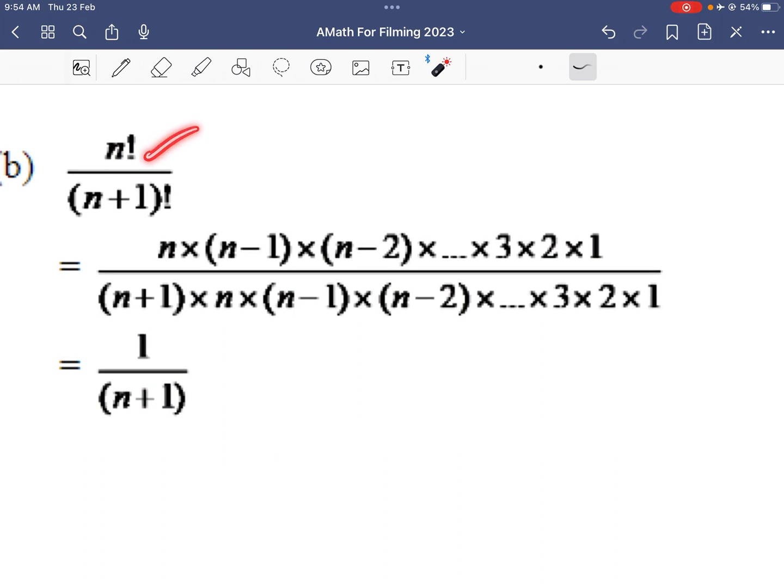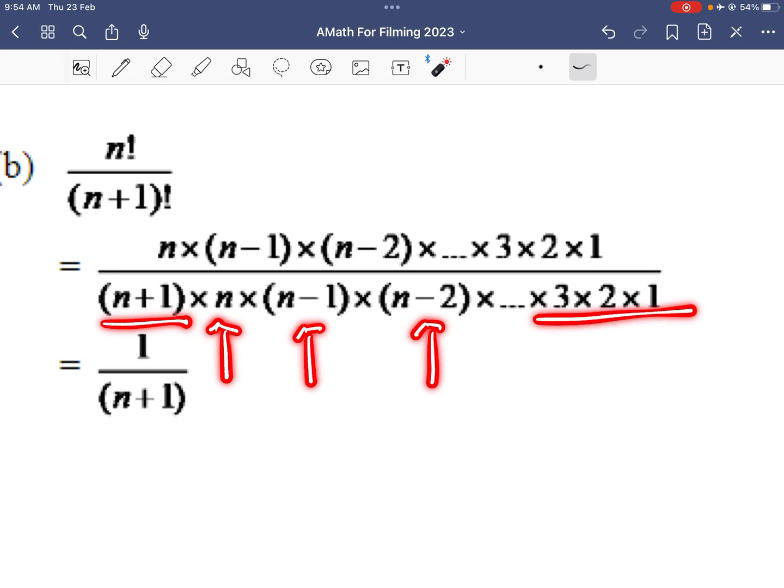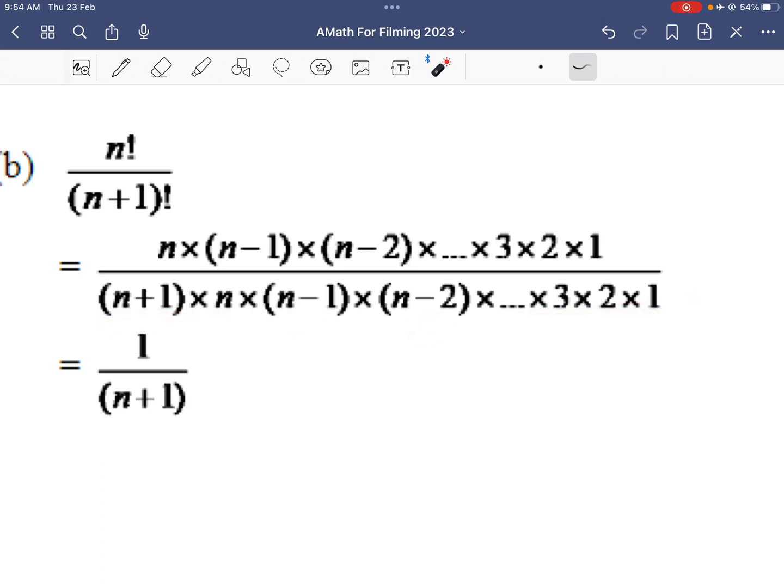Now, this is a modification of the question that we actually covered earlier. So (n plus 1) factorial over n factorial, I won't go through again. (n plus 1) factorial, so we start with n plus 1. The next smaller term, you minus 1, you get n. The next smaller term is n minus 1, n minus 2, all the way until 3, 2, 1. So in this case, what we can start to eliminate is n minus 1, n minus 2, all of this, 3 times 2 times 1, 3 times 2 times 1.